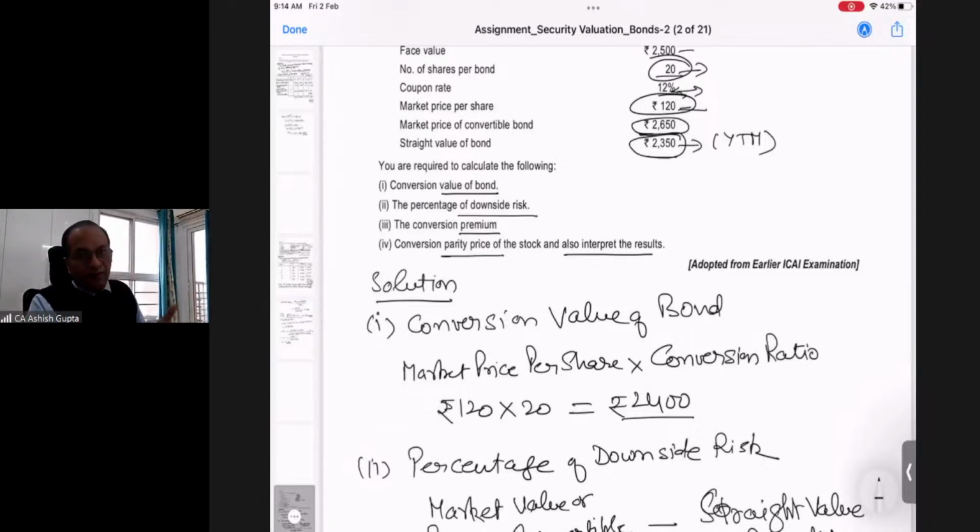Parity means equality. We have to see at what price either I go for the conversion route or I go for direct acquisition from the market, and both have the same cost.